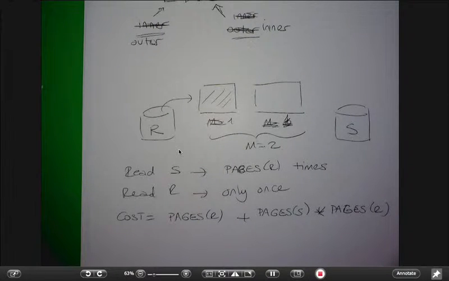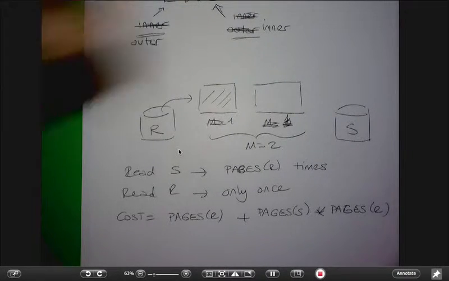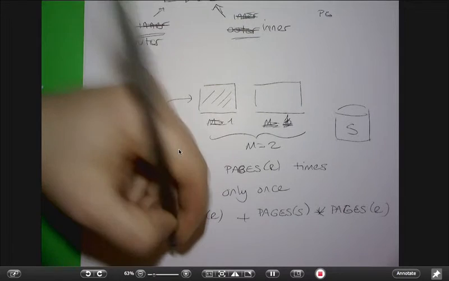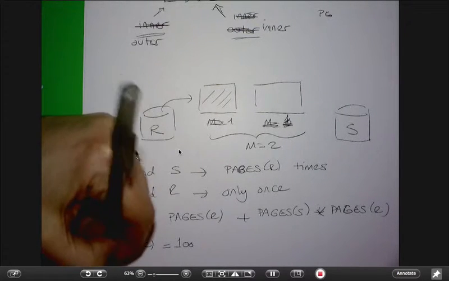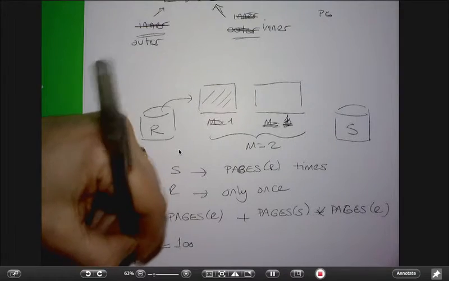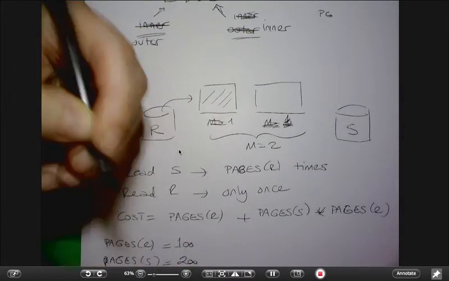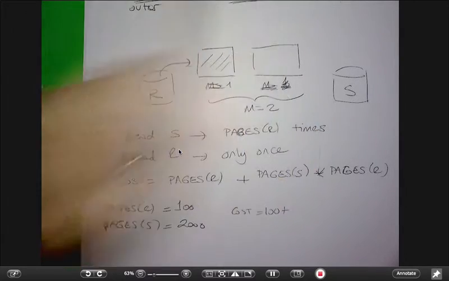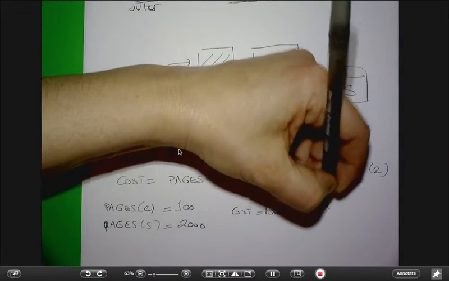So the point is that I'm using, again, only 2 blocks to do a join, but joins are very costly, and this can be huge, right? So let's say pages of R is 100, and pages of S is 2000, then the total cost is 100 plus 2000 times 100.